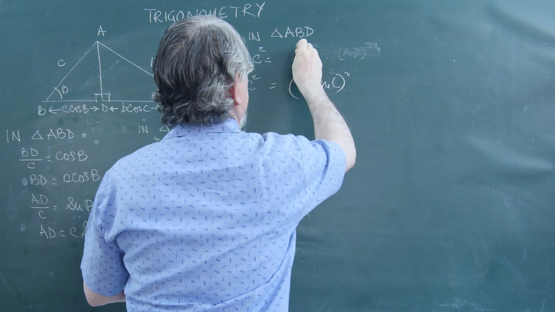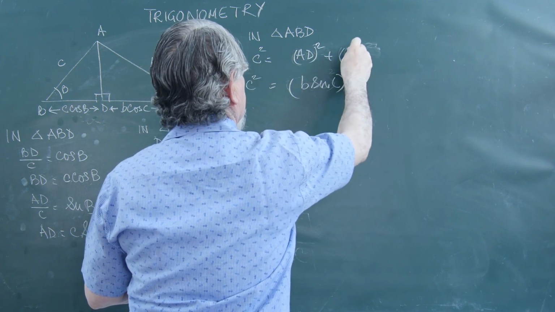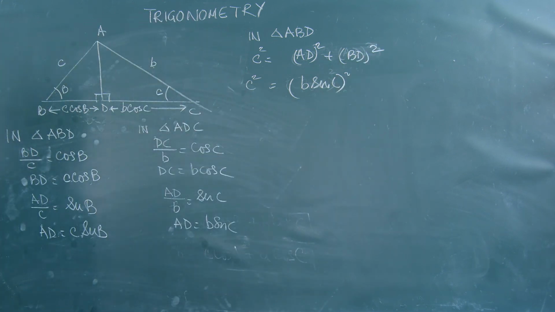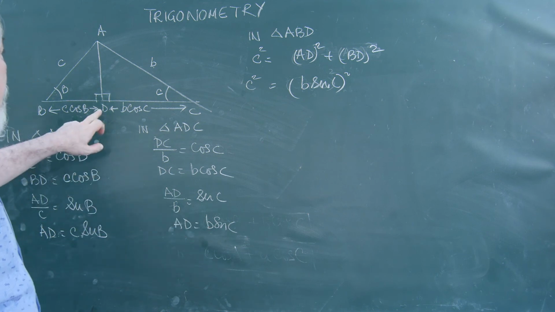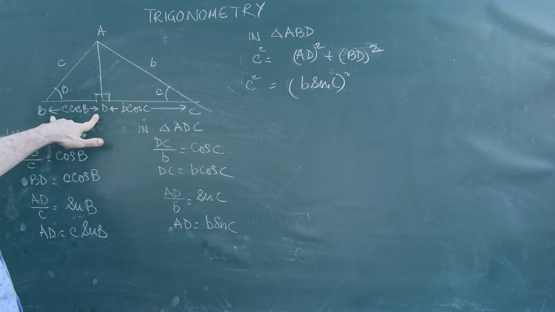AD square plus BD square. AD square does not make any difference, so we write it as B sine C whole square. And how will I write BD square?